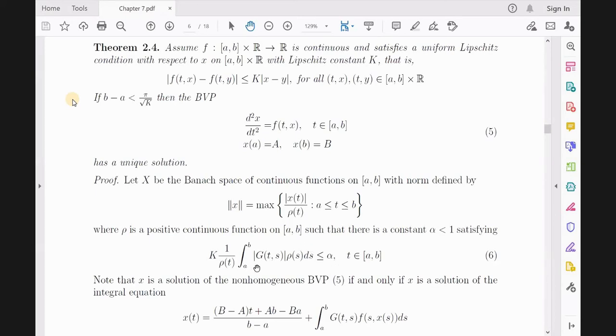So rho is a solution of this inequality.